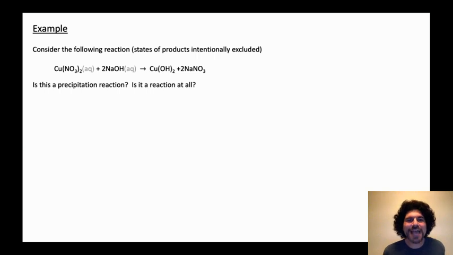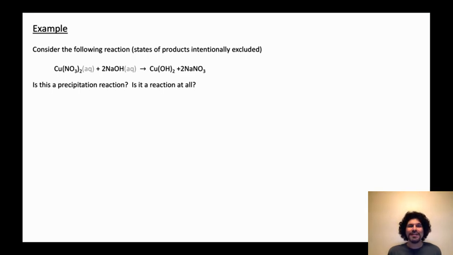So as an example, let's consider a reaction. In this case, we're going to consider the reaction of copper nitrate with sodium hydroxide. The products here are copper hydroxide and sodium nitrate. I have intentionally excluded the states of the products, and you have to answer the question, is this a precipitation reaction? And based on what we saw previously, is this a reaction at all?